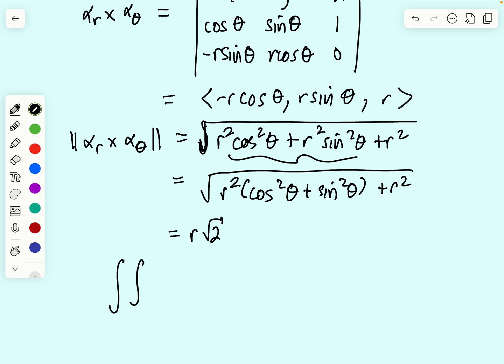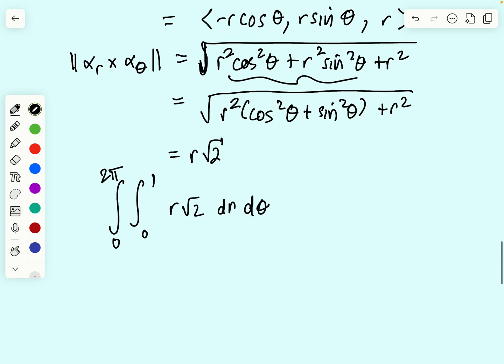If I integrate with respect to r and then theta, r goes from 0 to 1, theta goes from 0 to 2 pi. Remember that I'm using Fubini's theorem to evaluate this integral as an iterated integral. So this is the surface area of the cone.